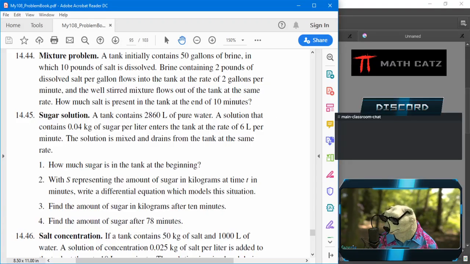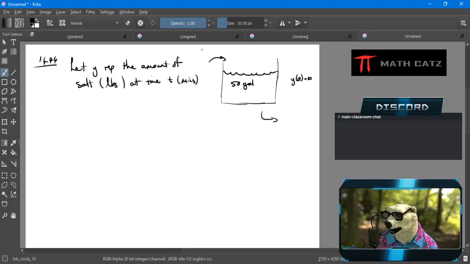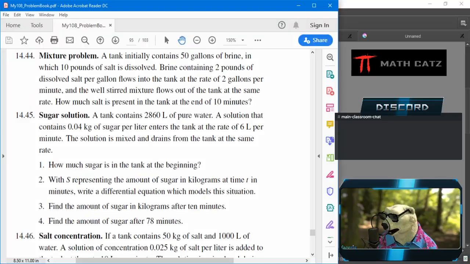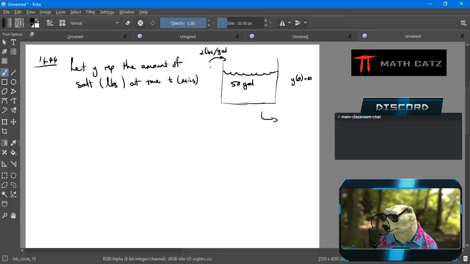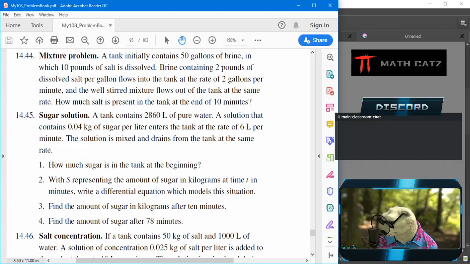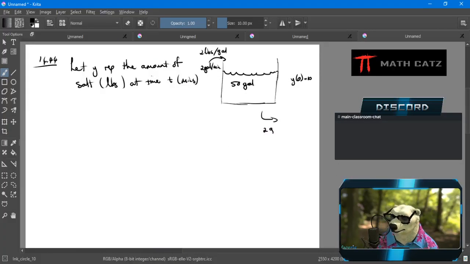Then I have brine coming in. It contains 2 pounds of salt per gallon. So 2 pounds per gallon coming in at a flow rate of 2 gallons per minute. And it's flowing out at the same rate of 2 gallons per minute.